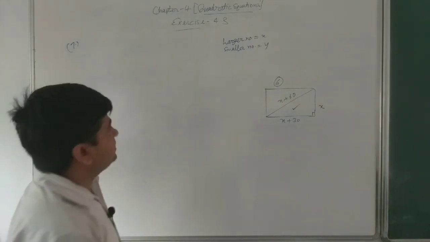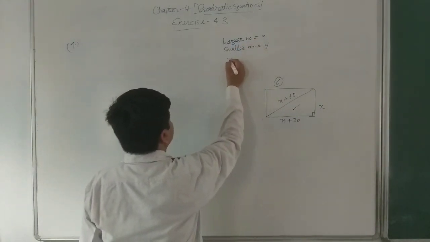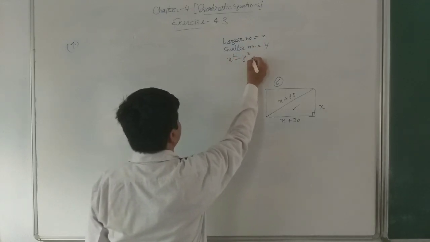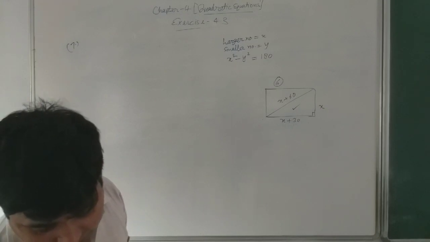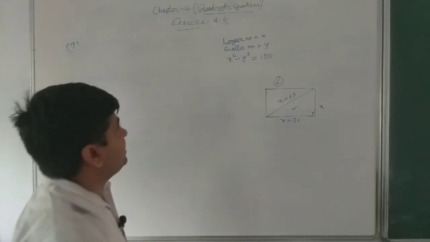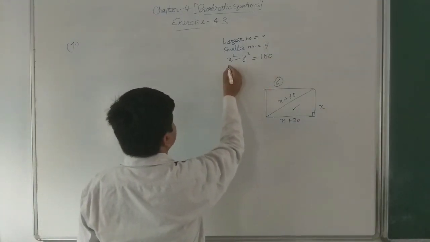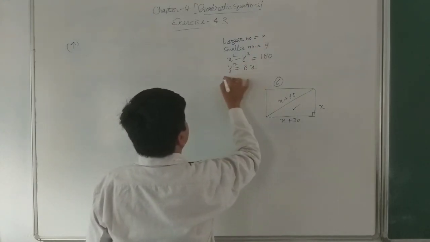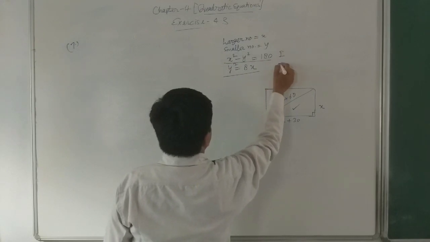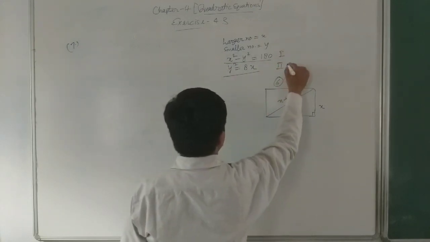Now what is given? Difference of the squares. Firstly, square of the larger number, x square, minus smaller number square, y square, is 180. And the second condition given is, the square of the smaller number is 8 times the larger number. So y square equals to 8 times the larger number, that is x, 8x. This is the first condition, this is the second condition. So firstly we use the second condition.